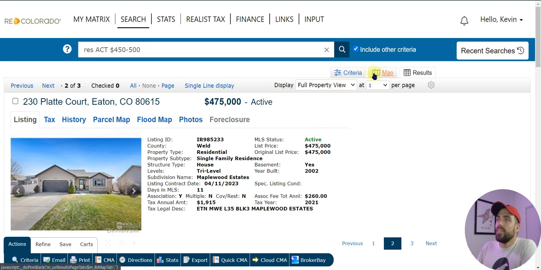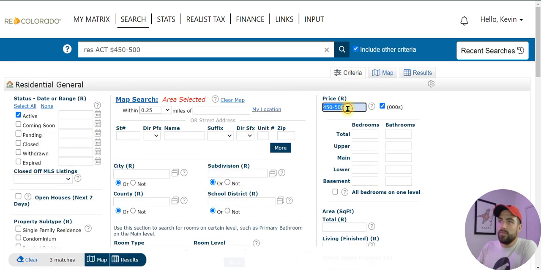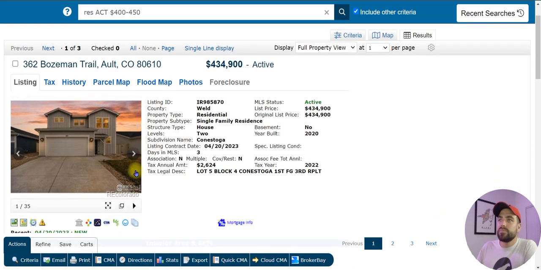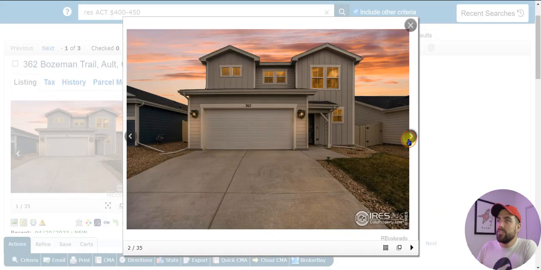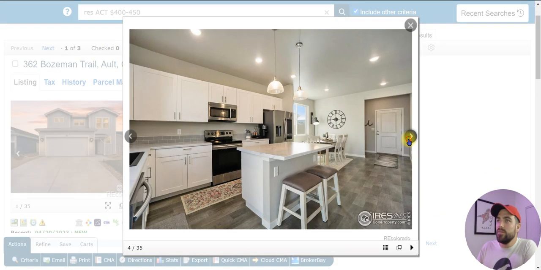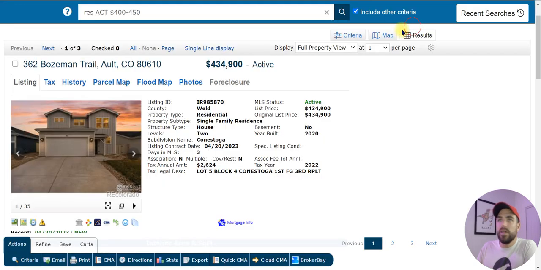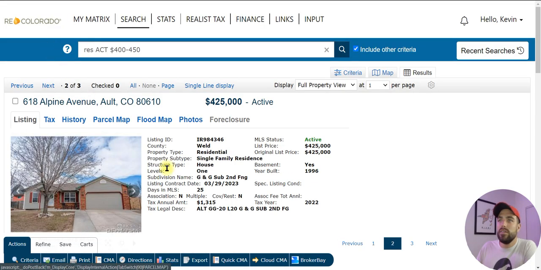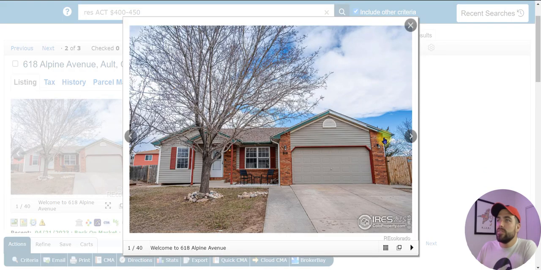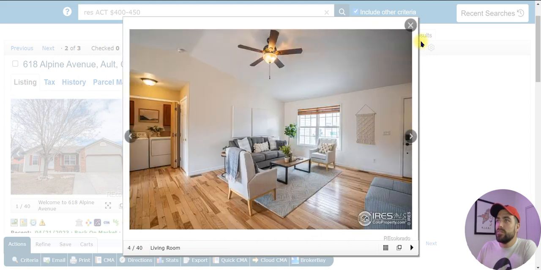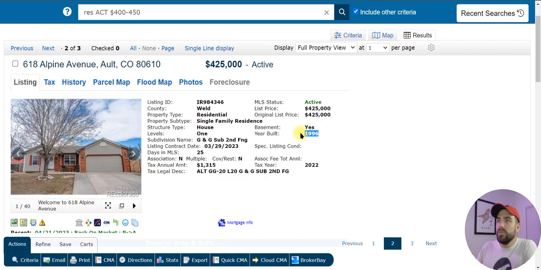So then when we look just at the ones at 400 to 450, just the active ones, again we have 3, and this would be the competition in this price range. So a bit newer for that one, right? This was listed at 434.9. It's only been on the market for 3 days. 425. So this one I think was pretty similar to yours in that it was built in '96.